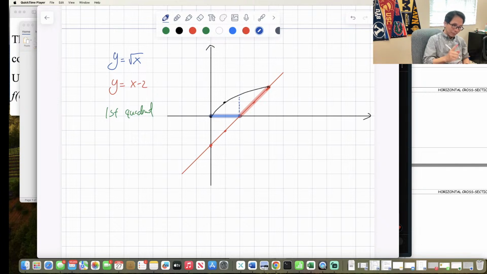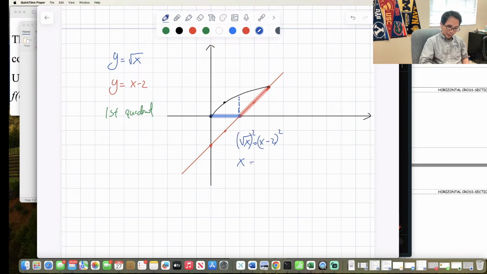So then I'm going to calculate this, but I also need to know how to find the intersection. So your goal is to find the intersection first. How do I find the intersection? Set square root x equal to x minus 2. Square both sides.